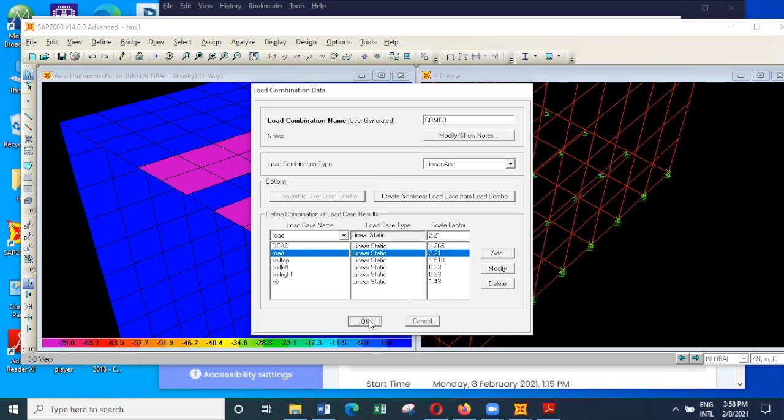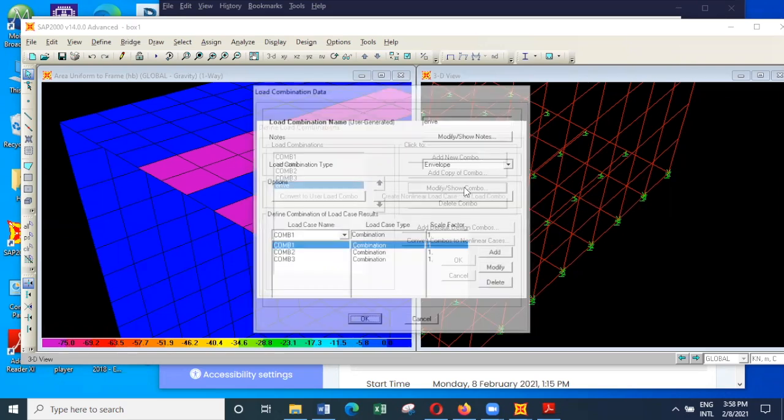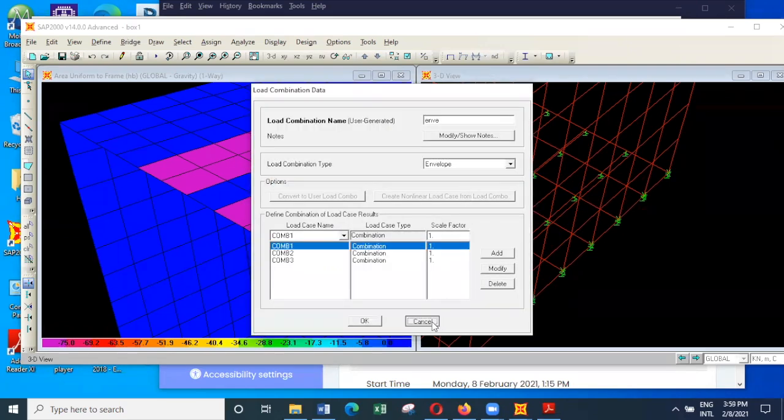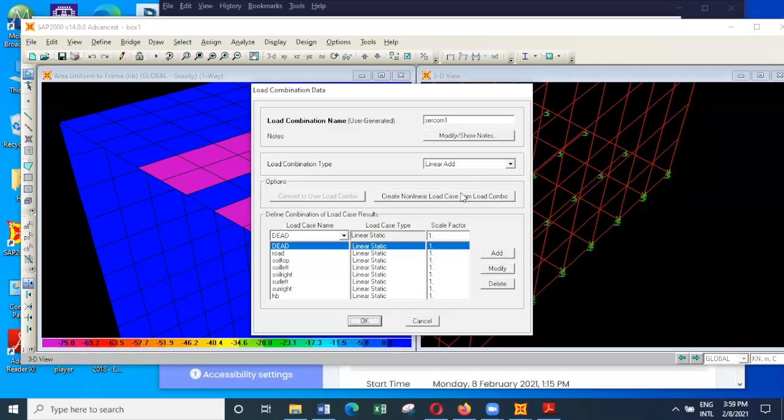So with those three combinations, we have gone for an envelope. And in addition to that, we have a service combination as well, where all these values are considered as one, and that is to see what's going on with the foundation, or just to see whether the soil pressures can become excessive.